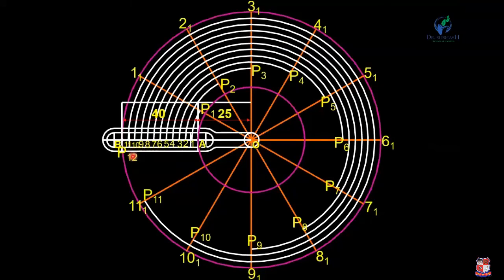So join all these points by a smooth curve. This curve shows the path of point P, and it is known as a spiral.